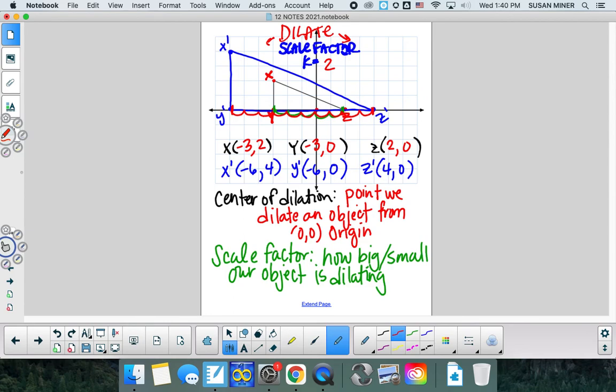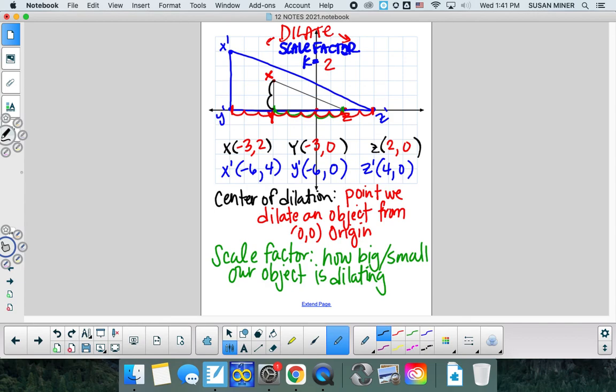It's 2 times bigger, twice as big, right? Same with this side. Over here, we can check any of those sides because a dilation is proportional, right? The word proportional means the side lengths are related in size back to whatever my scale factor is.